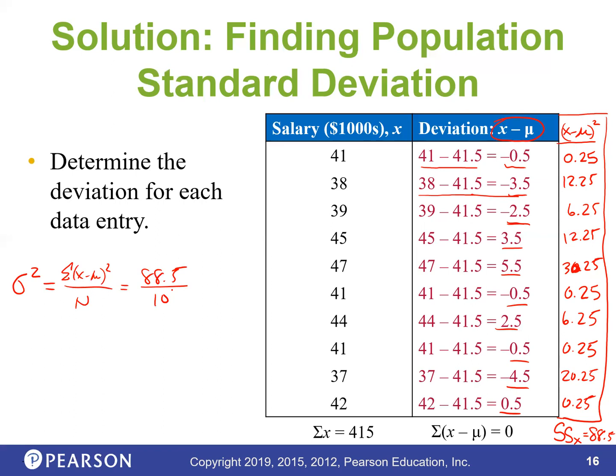And talk to me. What is the variance? Notice on our data, we go from in thousands. Our deviation is in terms of one, like a tens place. This is hundreds place. So let's go tens place.